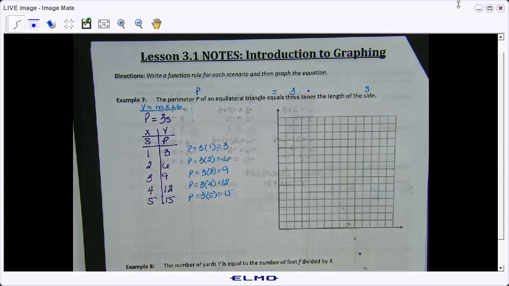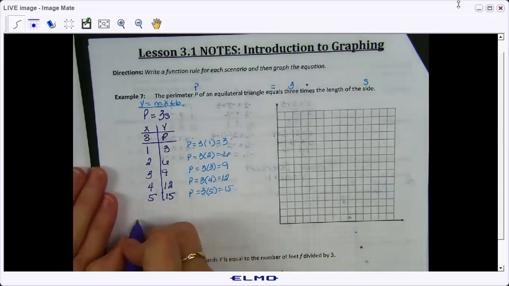So what is this table telling us? If you were to explain just the table, can somebody tell me how to explain the table? They are ordered pairs on a line for sure. And it's saying that as the side lengths increase by 1, the perimeter is increasing by 3. Okay. So let's write that down here.